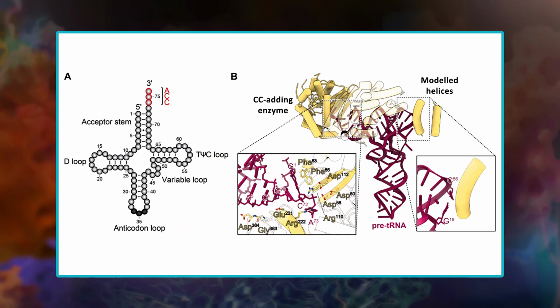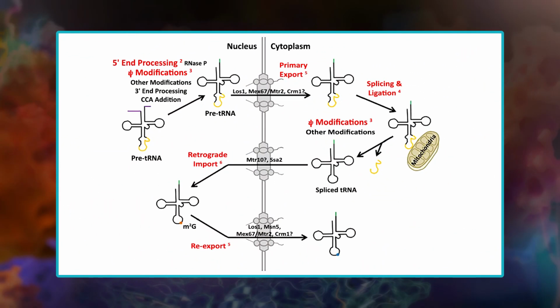The non-templated 3' CCA tail is added by a nucleotidyl transferase before tRNAs are exported into the cytoplasm by LOS1 (exportin-t). tRNAs are aminoacylated. The order of the processing events is not conserved.